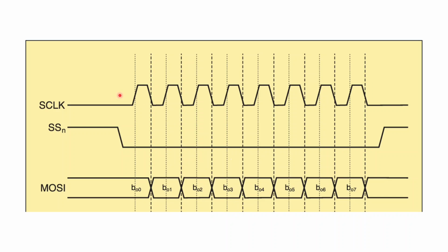And that means also that for the clock phase, as it's called, we have what they call 0. That means basically the first edge, or in this case the rising edge, is the edge that has to be used to clock in the data, and basically that's it. It's a very simple protocol.